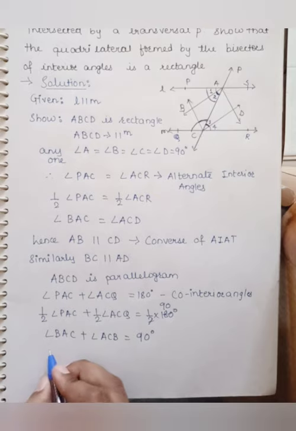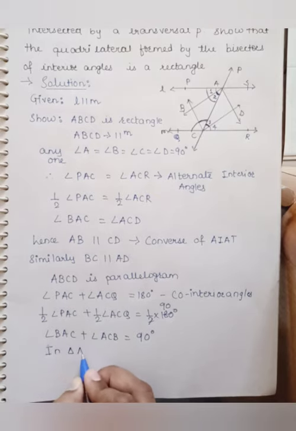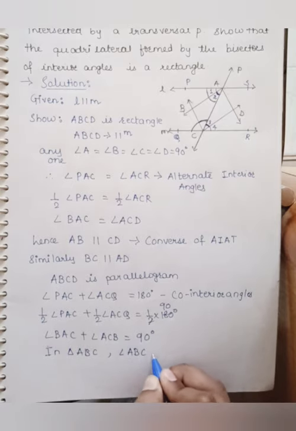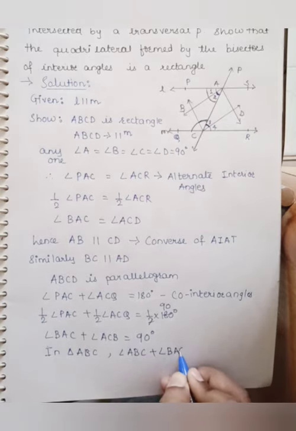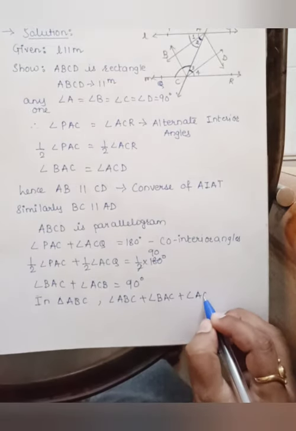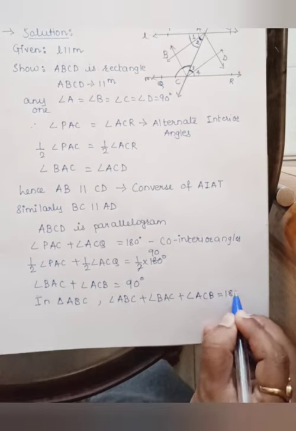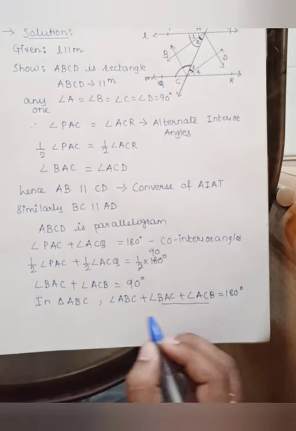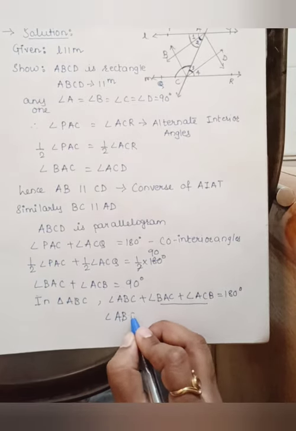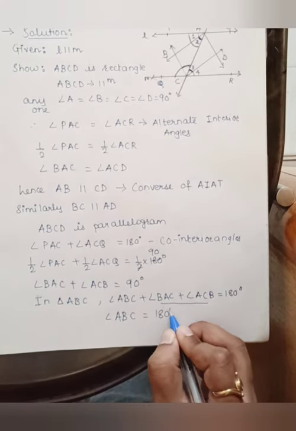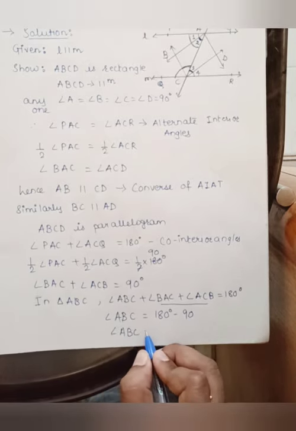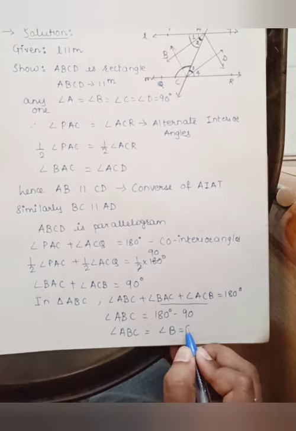So now write in triangle ABC, angle ABC plus angle BAC plus angle ACB is equal to 180 degrees by angle sum property, but the sum of these two angles is 90, just now we have shown, which means angle ABC is equal to 180 degrees minus 90, which gives me angle ABC, which is nothing but angle B, equal to 90 degrees.